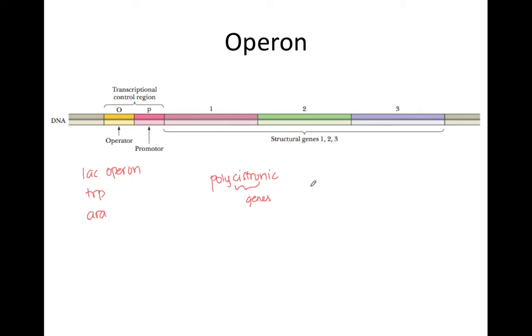So in prokaryotes, you have a single mRNA, but it can contain 3 genes, like this example here. So that even if you only have 1 transcription, you can have an expression of 3 genes. And so that would mean you will get 3 proteins from that single transcript.